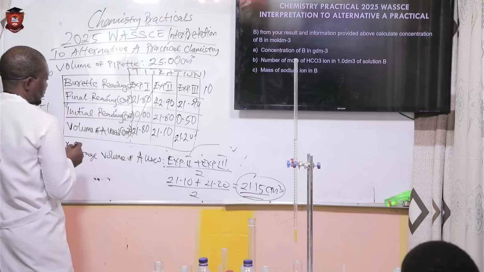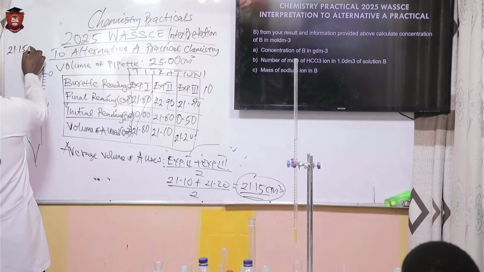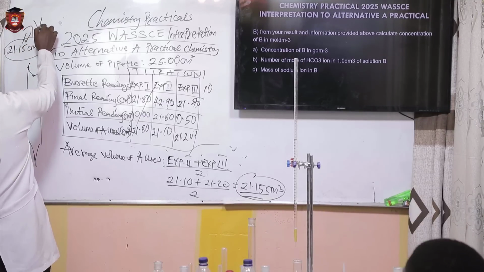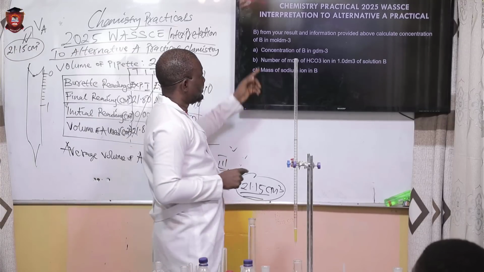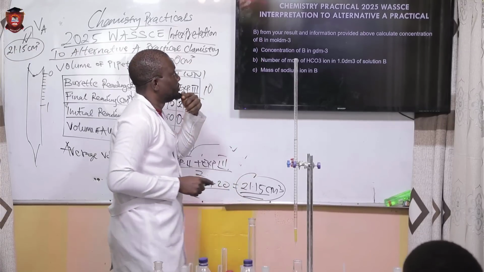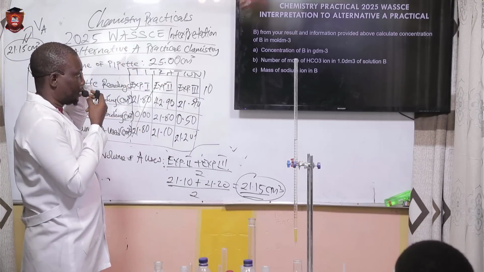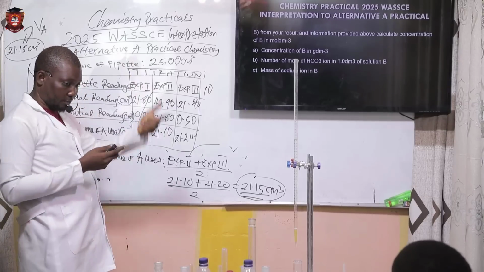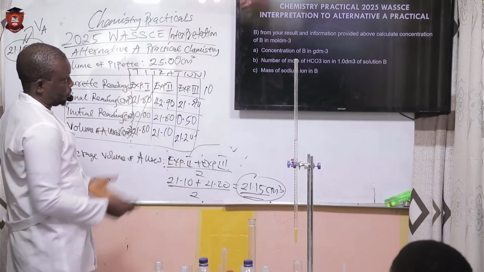I'm going to write it somewhere so we don't forget it: 21.15 centimeter cube. Whenever you see this, please always see it as your volume of acid, VA. It's going to be helpful here to solve these problems. So whichever thing we're going to do in the B part uses the readings that we have obtained.